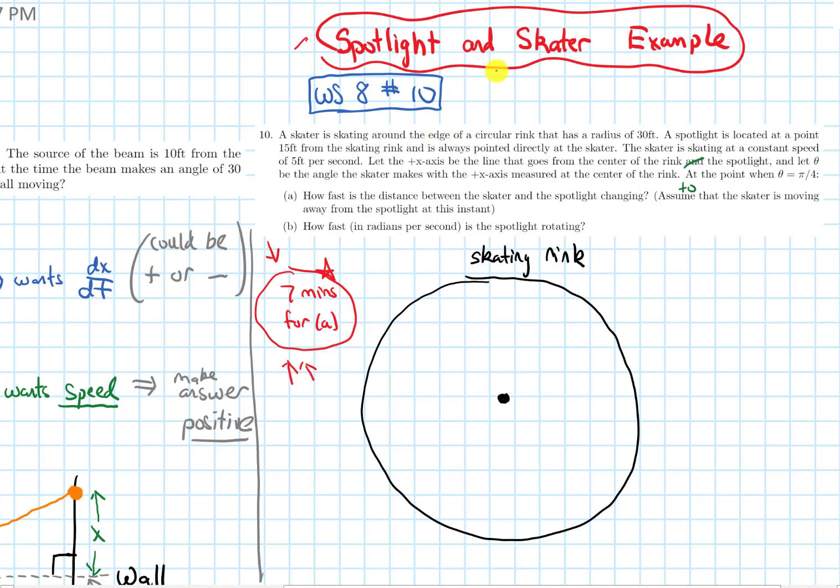And then it says that there's a spotlight that's located at a point 15 feet from the skating rink. So, okay, there's the spotlight, 15 feet from this edge. If I go straight out from the skating rink, I'm going to draw the spotlight straight out horizontally to the side.